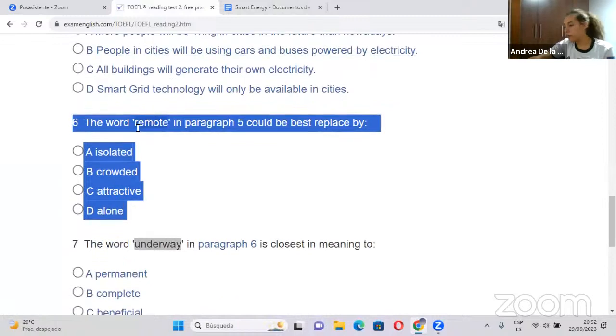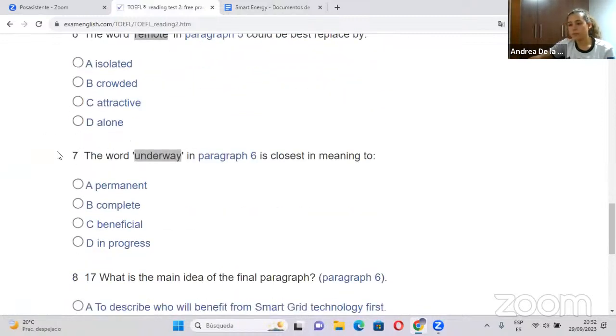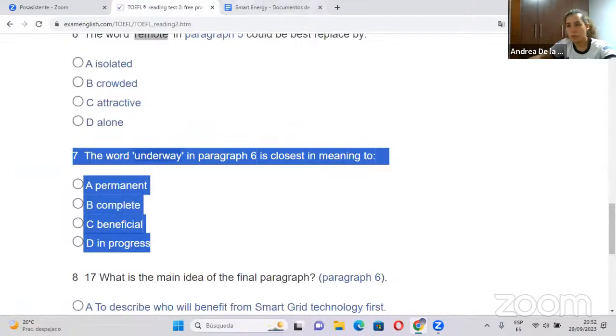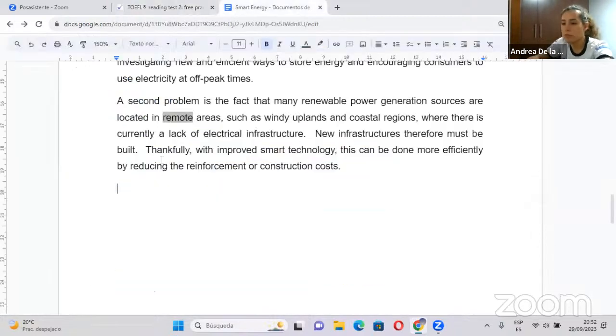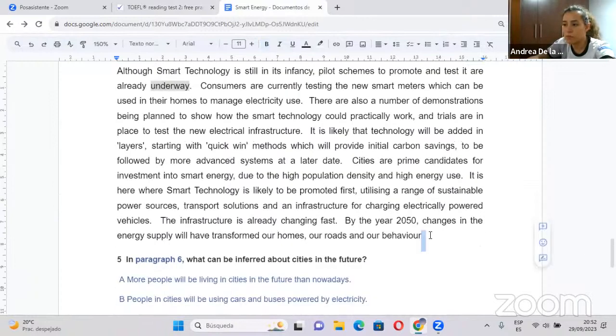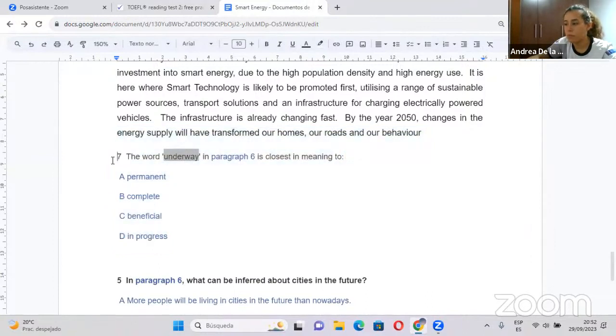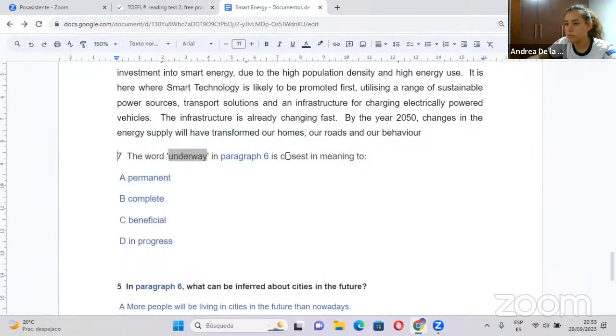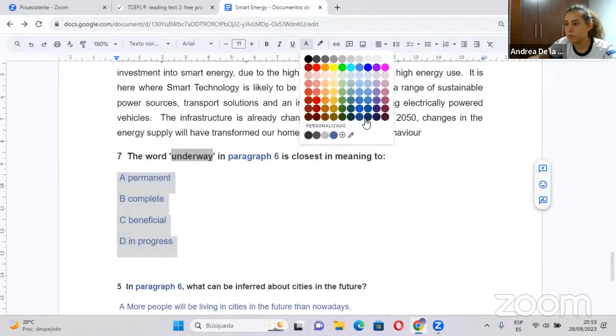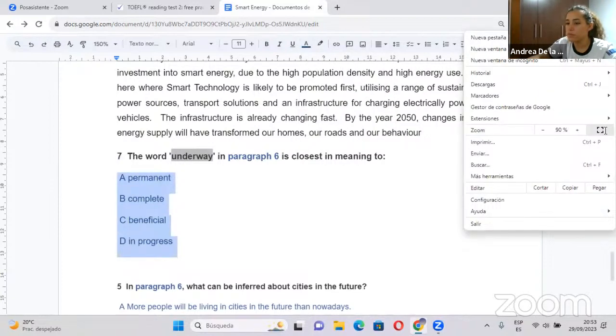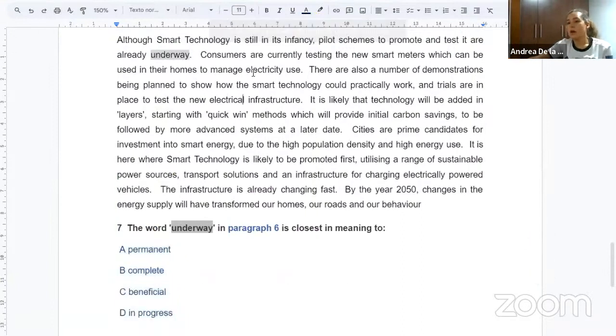Then we have another vocabulary question. Let's see. Okay, it says, although smart technology is still in its infancy, pilot schemes to promote and test it are already underway.